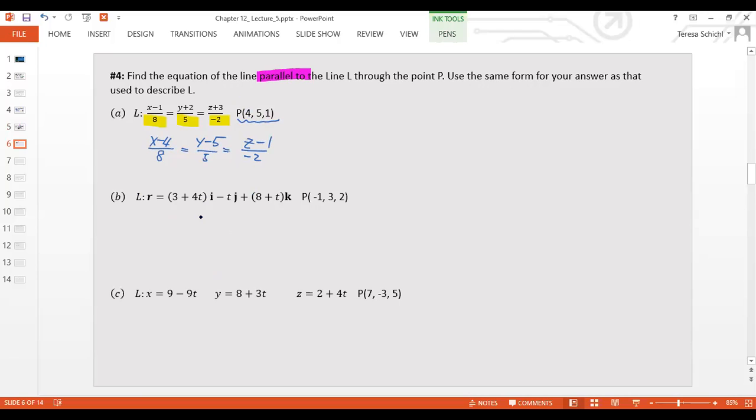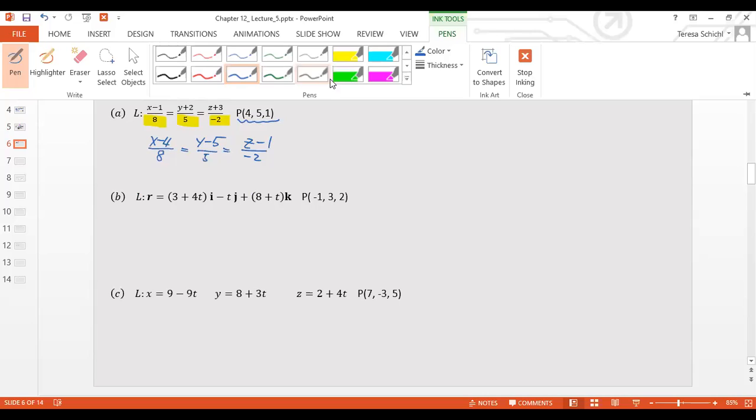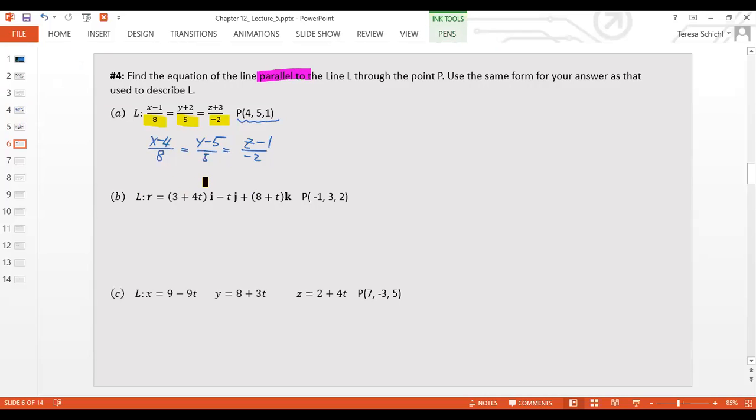We say r equals 3 plus 4t, minus t, and a plus t k here. Where is my direction vector? It's this number, and this number, and this number, right?